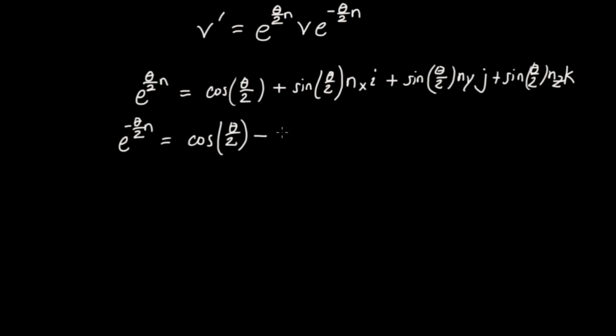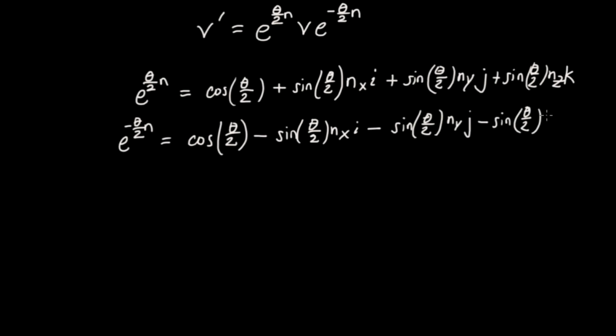So I can actually write minus sine theta over 2 times the x component of n times i, and the remaining two components are very similar. Minus sine theta over 2 times the y component of n times j, then minus sine theta over 2 times the z component of n times k.